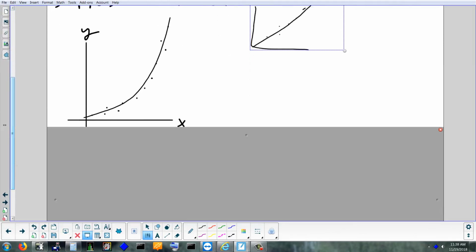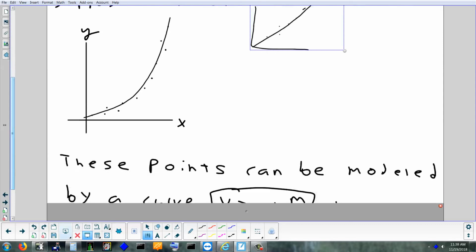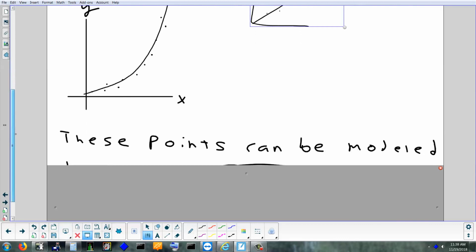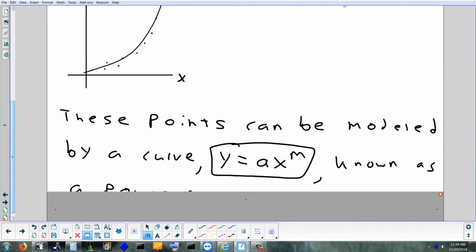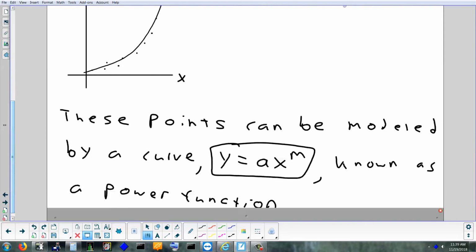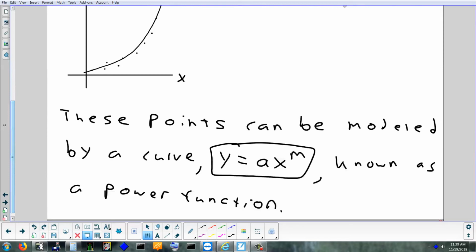So what I'm going to do is show you how the calculator can find that curve for us automatically if you're given a set of data. Okay. And these particular points are the kind of curve we're going to look at. It's called a power model or a power function. Remember, there's all kinds of curves. Maybe a parabola, that's a curve. Power function, that's another kind of curve. And that's what I'm going to show you how to do.